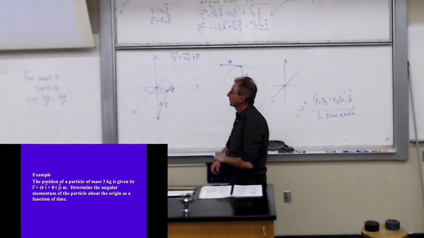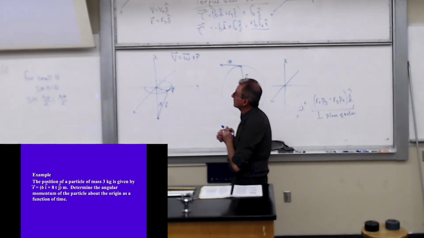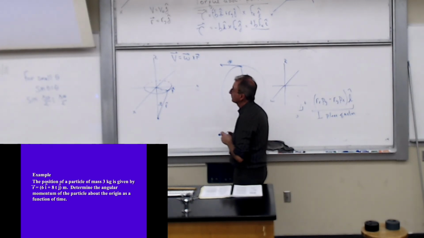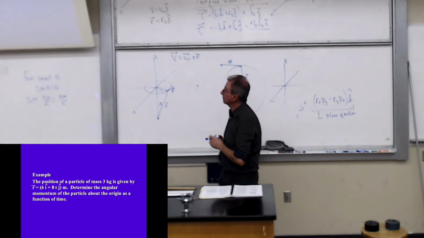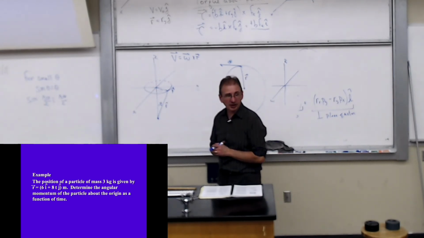So the position of a particle of mass 3 kilograms is given by that expression. I want to determine the angular momentum of the particle about the origin as a function of time.